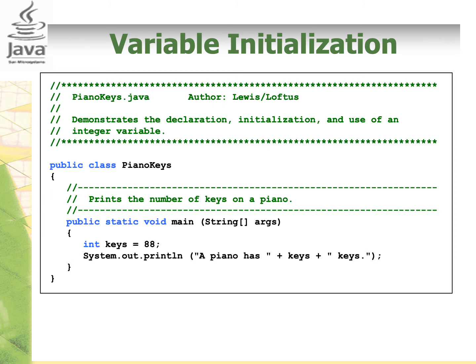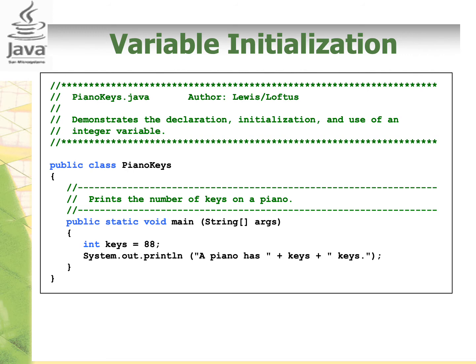Let's look at this example. We have this class called PianoKeys. Here we have int keys equal to 88. We have initialized our variable called keys to have the value 88, and then we do string concatenation in our print line. The sentence "a piano has" is within the double quotes, so that is a string.